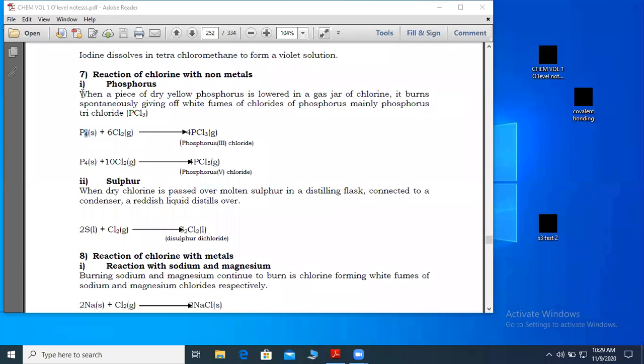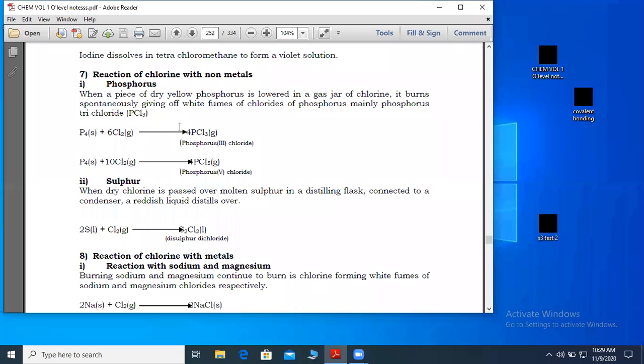So we are saying when a piece of dry phosphorus, which is yellow, is lowered into a gas jar of chlorine, it burns spontaneously, giving off white fumes of chlorides of phosphorus, mainly phosphorus trichloride. But we are saying even phosphorus 5 chloride will be formed in the process.